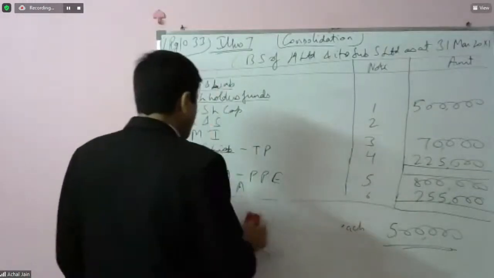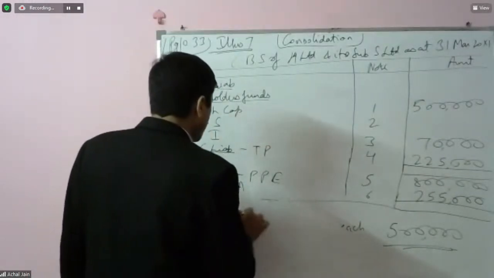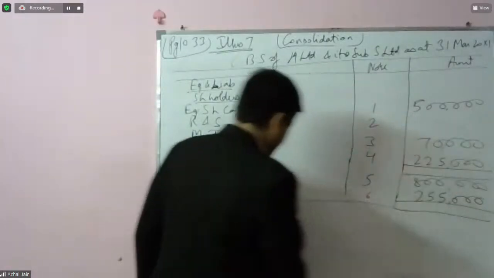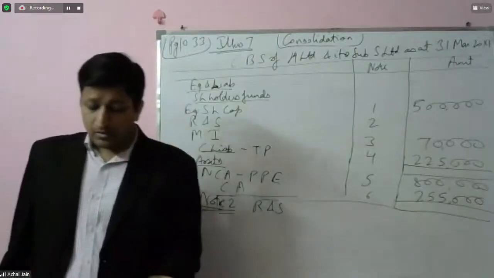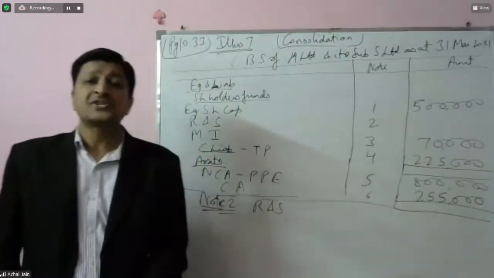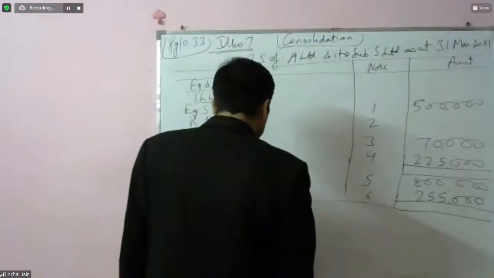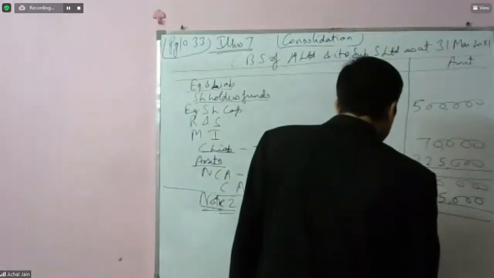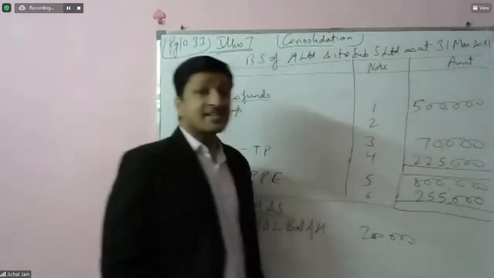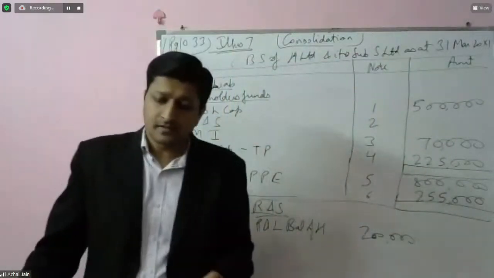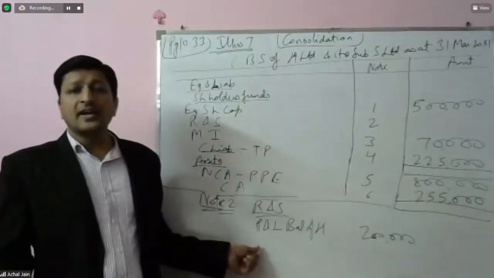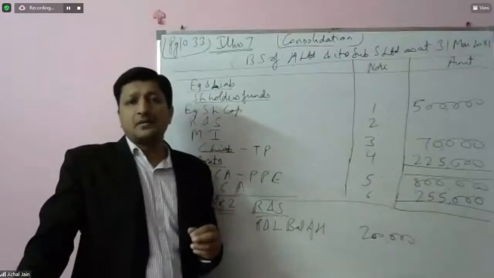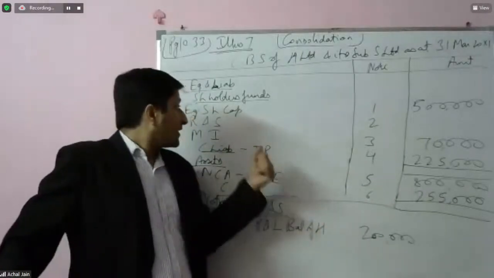This was note number 1. Now we move on to note number 2, reserves and surplus. Now we have the P&L balance of H Limited. Now, as regards the P&L balance of S, can we pick it up over here? No. Why? Because part of that P&L balance of S has already gone to MI.